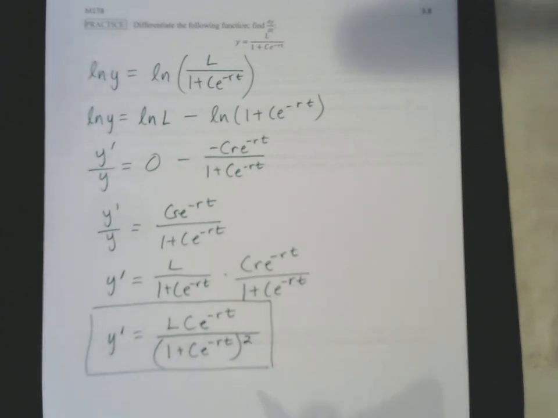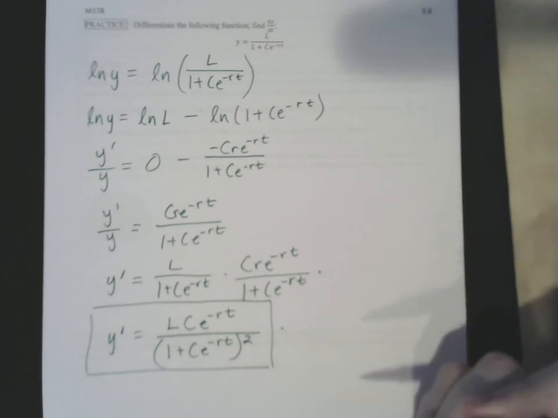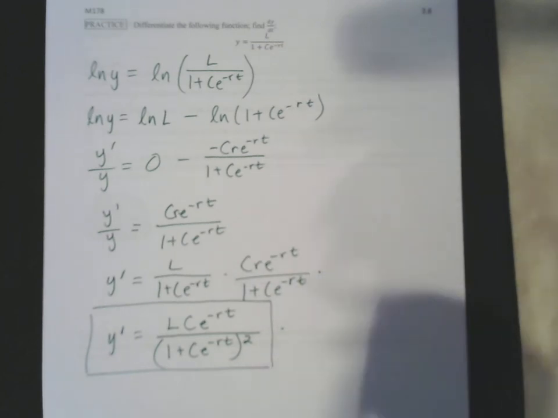If you like logarithmic differentiation, you can do it anytime you have a product, a quotient, a chain. Especially, you can only use logarithmic when you have a tower. Or you can just stick with chain or quotient rule in this case, or product rule. You'll get the same answer. It just might look different because of simplification. Right? You may not guess that this is the same until you simplify it. But that's the end of 3.8.